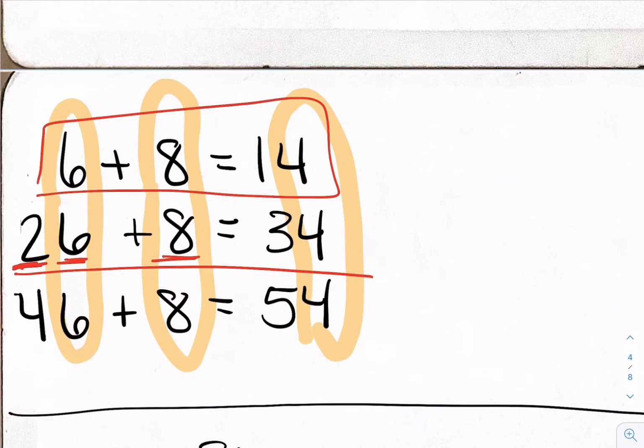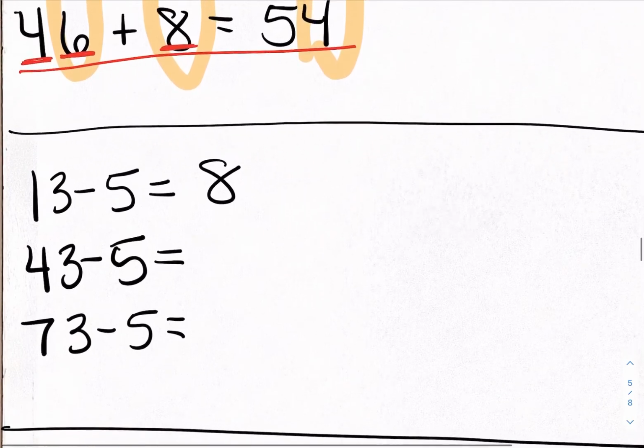If I look at the bottom problem here, 46 plus 8 equals 54, what I also have here is 40 plus 6 plus 8, which can help you solve it faster as well.